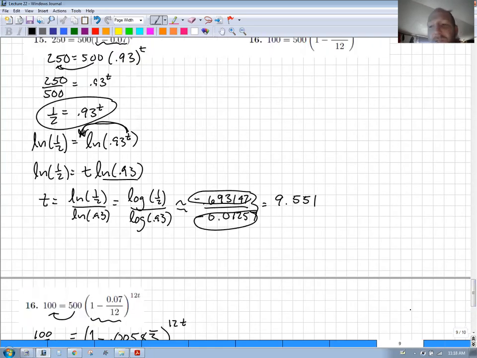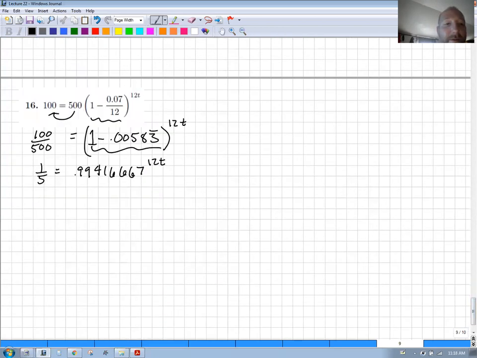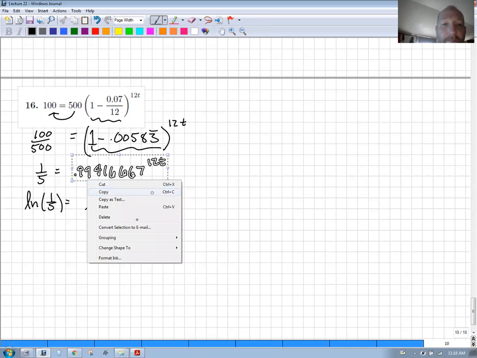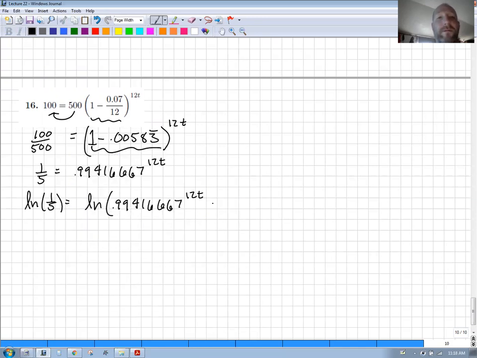A number equals a number to the variable we want. So here we can do natural log or log base 10. Whatever log you want. So that allows us to take this and put it out here.